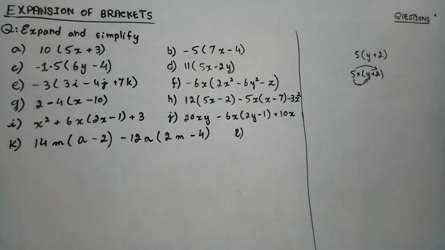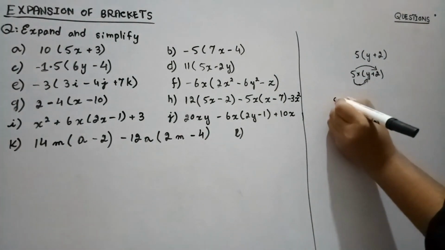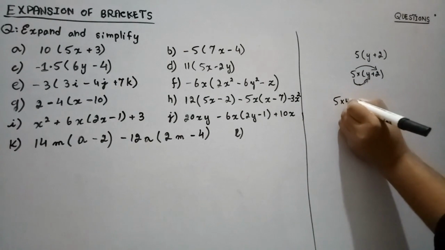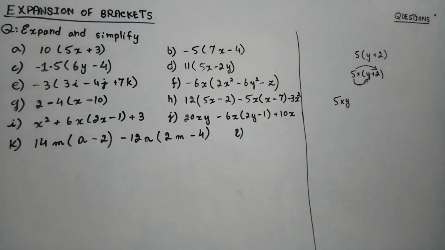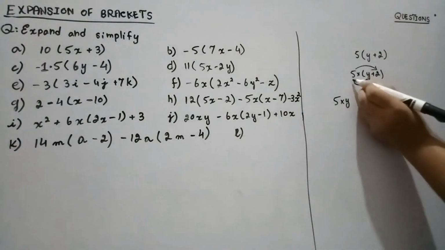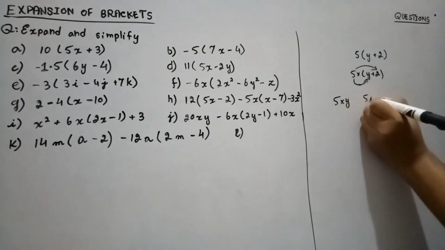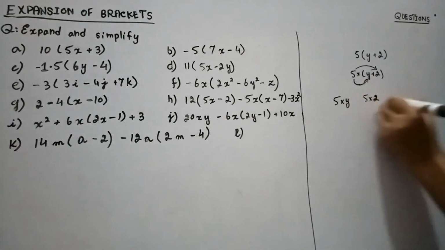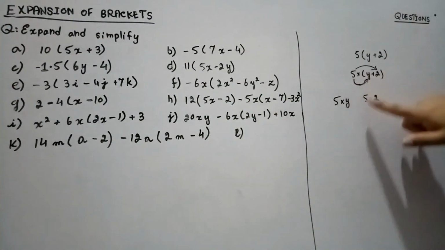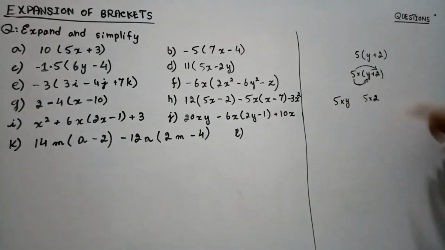So let's see. Actually, I am expanding the brackets now. 5 is going to multiply by y, and also 5 is going to multiply by 2, just like this one.